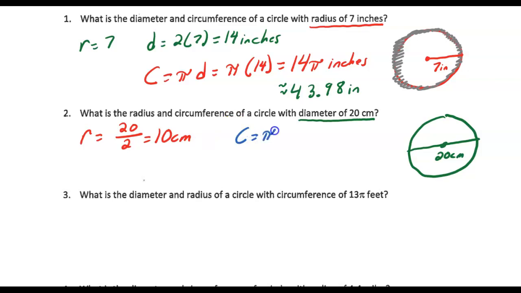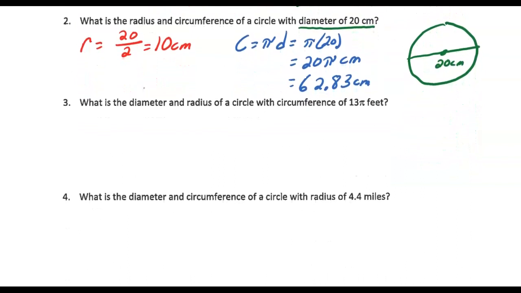Circumference, again, is pi times diameter, which would be pi times 20. And again, we tend to write the 20 in front, so 20 pi centimeters. Using our calculator, we'll get that to be approximately 62.83 centimeters.